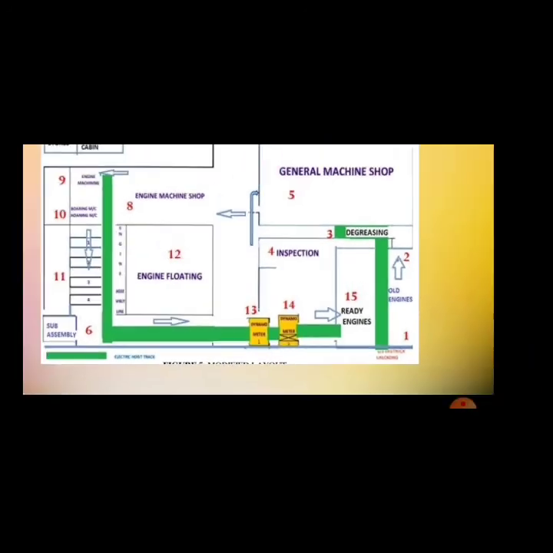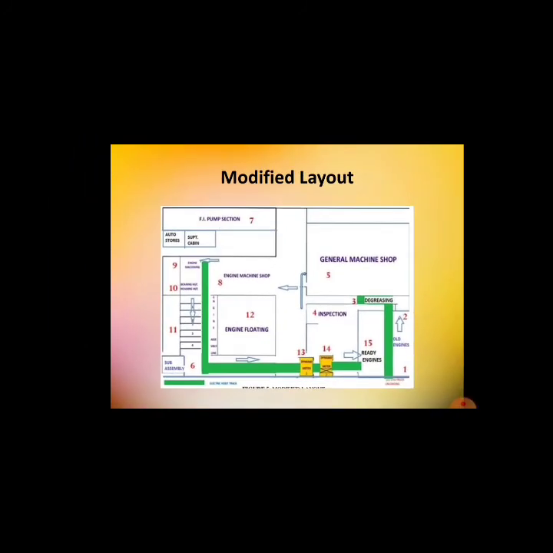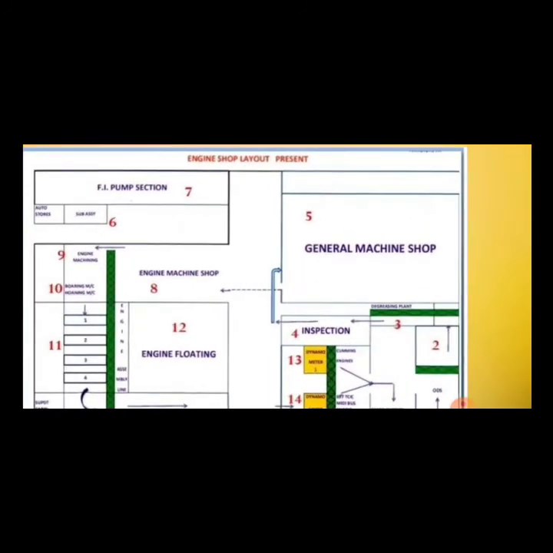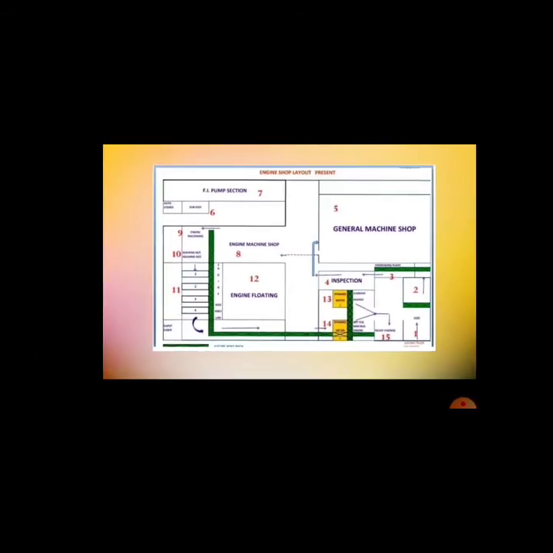The place of inspection in the previous layout was less, as we can see here. So in the optimized layout the dynamometers are placed beside instead of up and down.